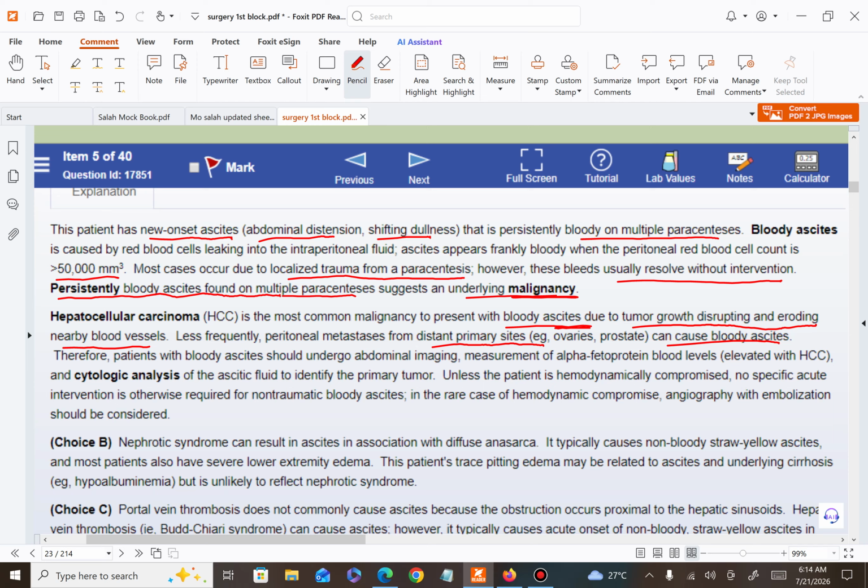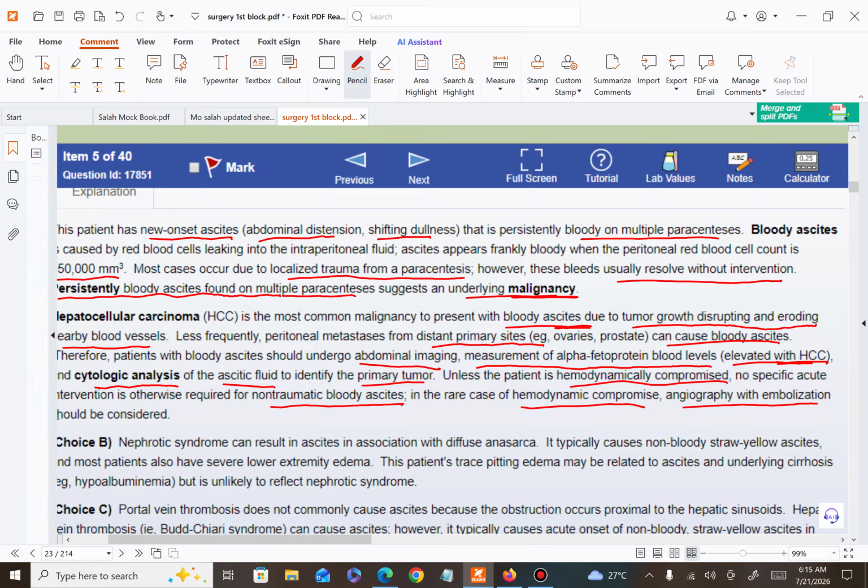Therefore, patients with bloody ascites should undergo abdominal imaging, measurement of alpha fetoprotein blood levels, which is elevated with hepatocellular carcinoma, and cytologic analysis of the ascitic fluid to identify the primary tumor. Unless the patient is hemodynamically compromised, no specific acute intervention is otherwise required for non-traumatic bloody ascites. In the rare case of hemodynamic compromise, angiography with embolization should be considered.